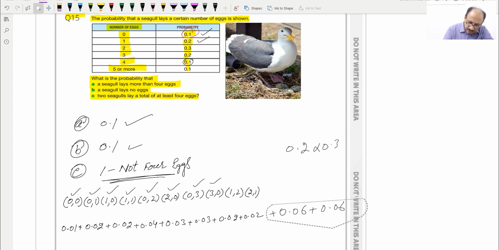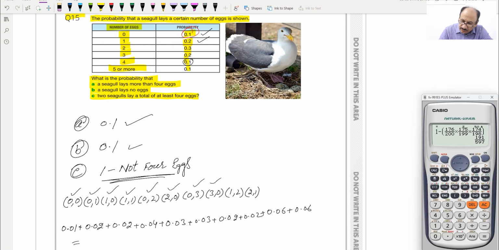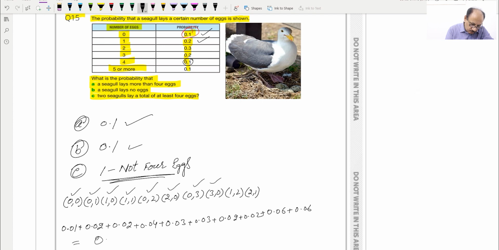And we need to just add the probabilities, and this will be our answer. 0.01 plus 0.02 plus again 0.02 plus 0.04 plus 0.03 plus 0.03, and then plus 0.02 and plus 0.02, and then plus 0.06, and last one plus 0.06, and this results in 0.31.